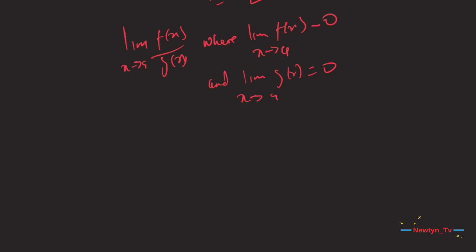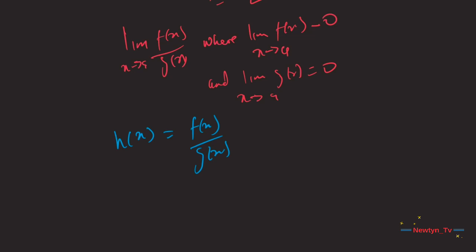Now the second thing that we need to do is find a function h of x, which is equal to f of x over g of x for all x not equal to a over some interval containing a.